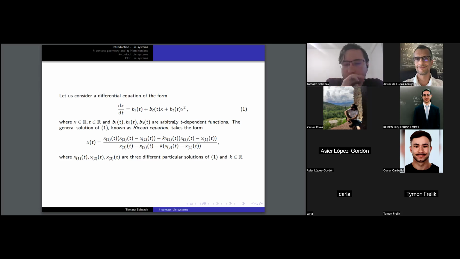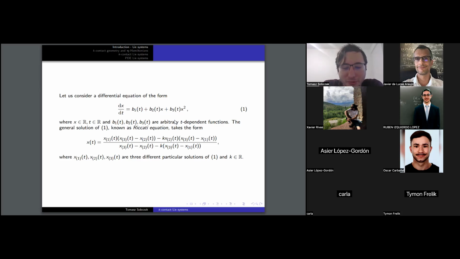For example, the differential equations number 1, we call them Riccati equations, but in the literature, sometimes there are some additional conditions on the time-dependent coefficients. Normally, it is said that sometimes b1(t) times b3(t) must be different from 0, yeah? So it's a little bit different. But in order to avoid all these mutations, normally we call them just Riccati equations. Thank you, and I'll let you go on.